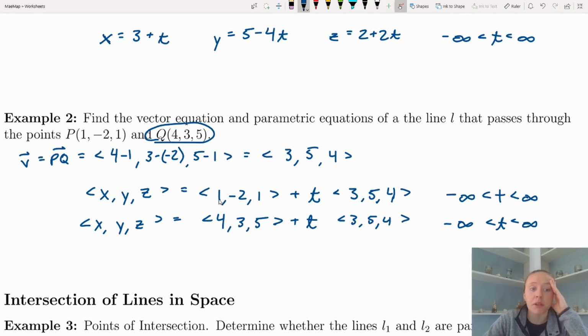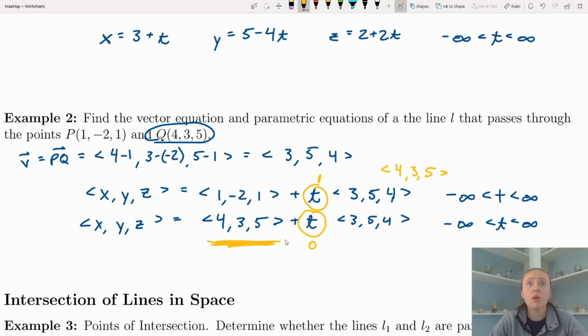If I made t equal to 0 in the second equation, then we would have 4, 3, 5. Whereas up here, if I set t equal to 1, 1 times 3, 1 times 5, 1 times 4, adding those two vectors together, I would get vector 4, 3, 5, which is the same as this down here.